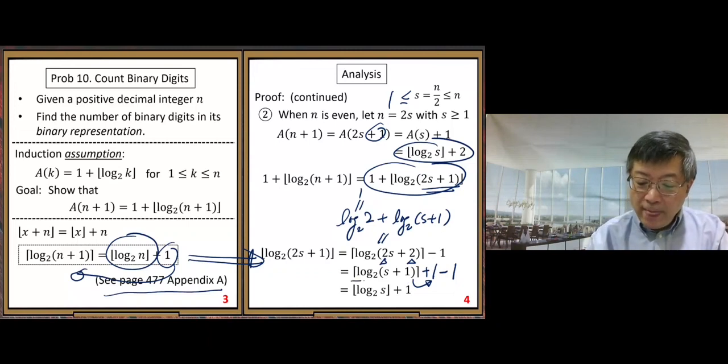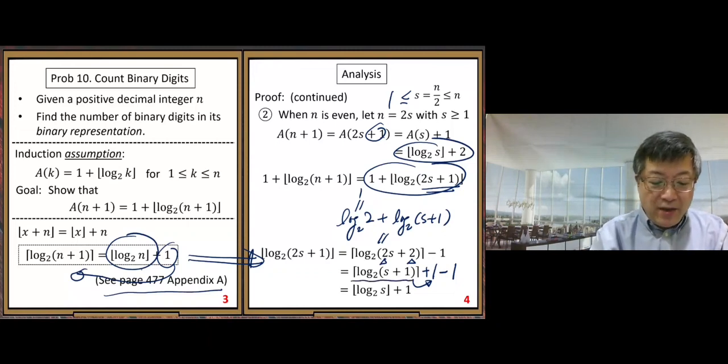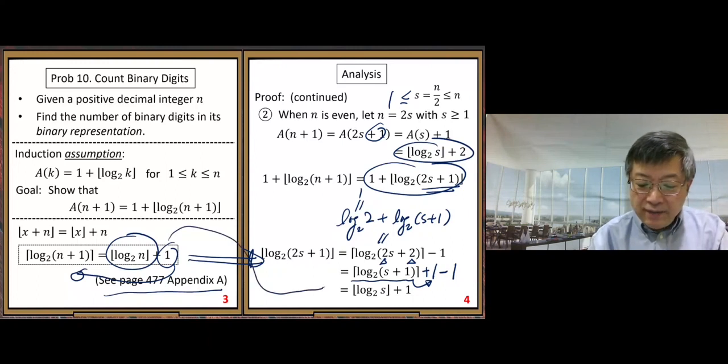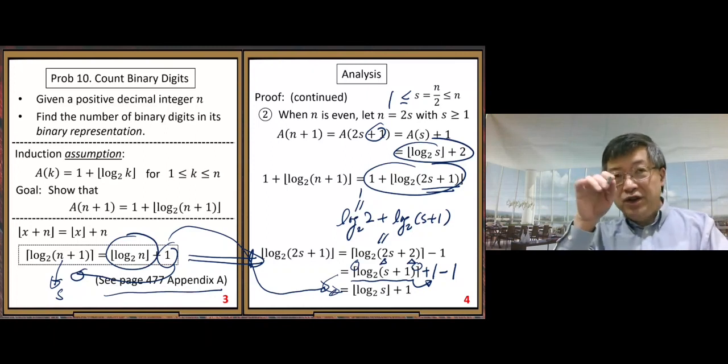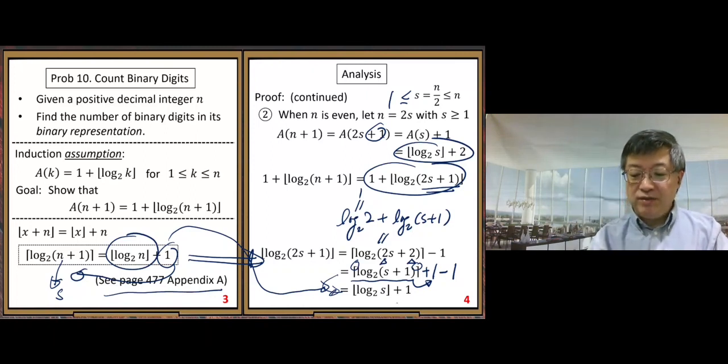Then this one, can we apply this formula another time? Because that is the ceiling function, exactly, we replace n by s. We get this expression: floor function log base 2 of s plus 1.